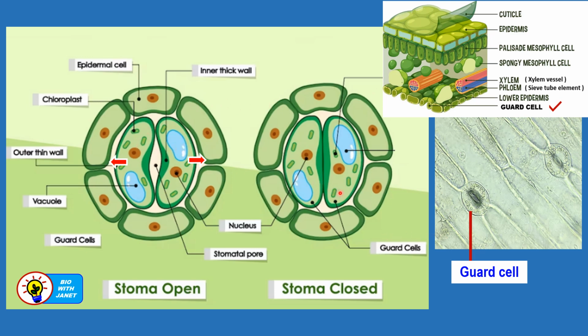The mechanism of stomatal opening and closing will be discussed in Form 5. Here we see a real photograph of real guard cells, and you can see the chloroplasts inside circular structures here. And here the stoma is seemingly open, because the guard cells are curved outwards.